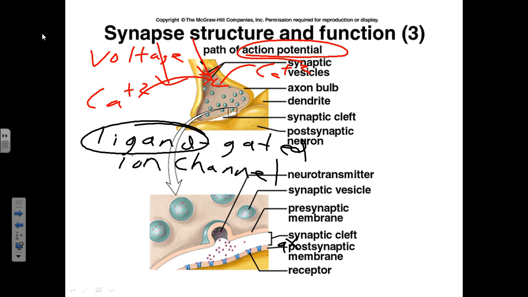Because if not, what's going to happen to this postsynaptic neuron all the time? It's going to constantly be firing, right? The message is to fire once and then stop. So the neurotransmitters get released, and then right after they make something happen in this neuron down here, they get broken down or they get taken back up into that neuron. That way this neuron is not constantly firing.